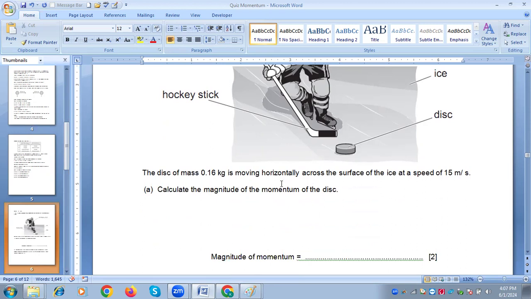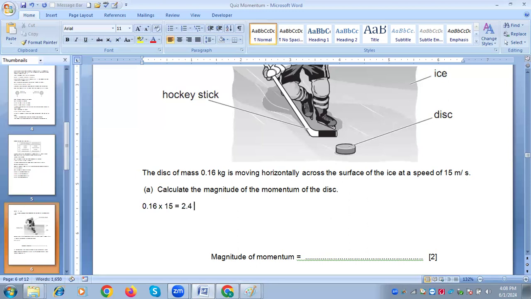Calculate the magnitude of the momentum of the disc. So what will be the magnitude? It's an easy part. 0.16 into 15 is 2.4.